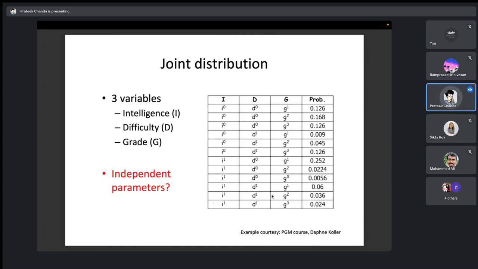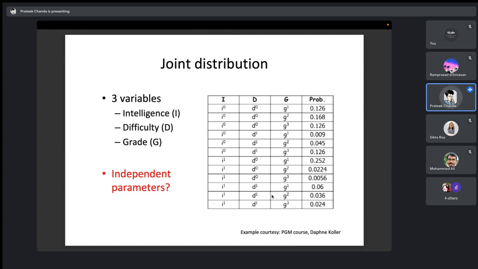So now we go back to the student example, where we had the intelligence, difficulty of the course and grade of the course, and we now try to define the joint distribution. What do we mean by that? The joint distribution P of I, D, G, where I, D, G are the random variables here.